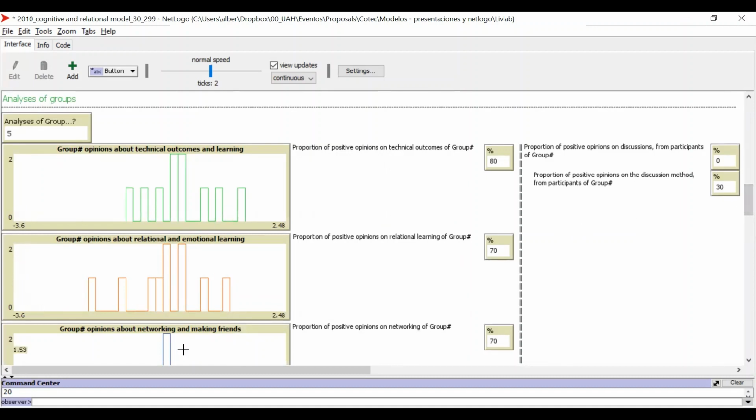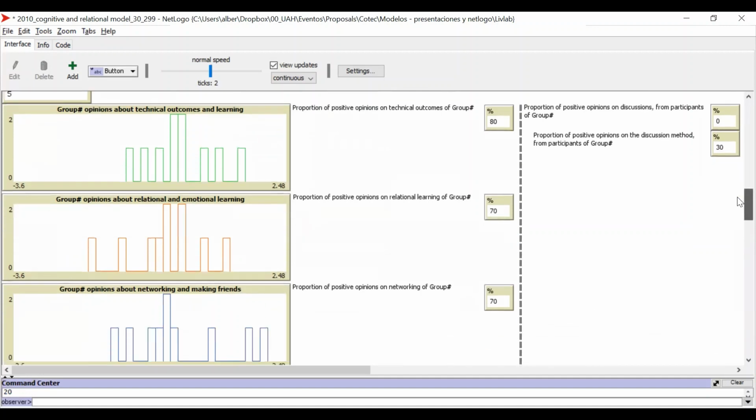We can see the 3 types of histograms, similar to the event, grouping the information, the opinions of the participants, of the members of this group, according to the 3 types of outcomes that the LivLab Simulator controls for.